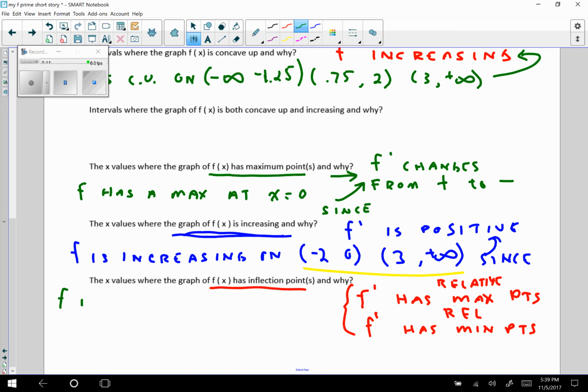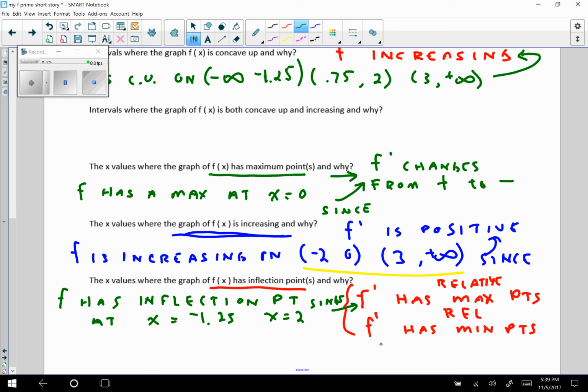F has an inflection point at x equals negative 1.25 and at x equals 2, since f prime has a max there.